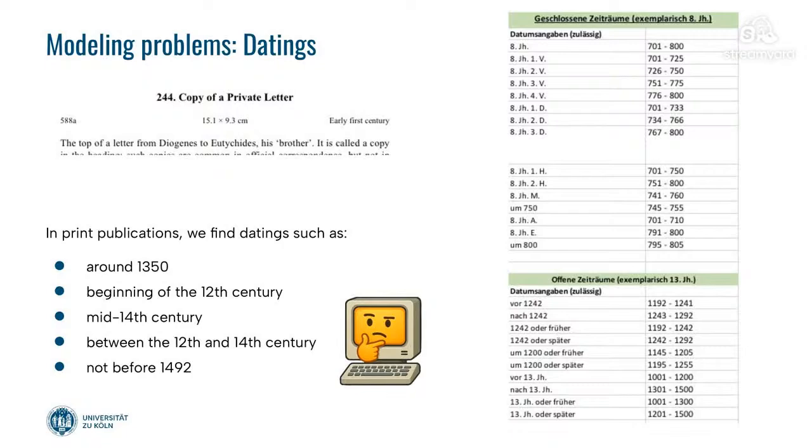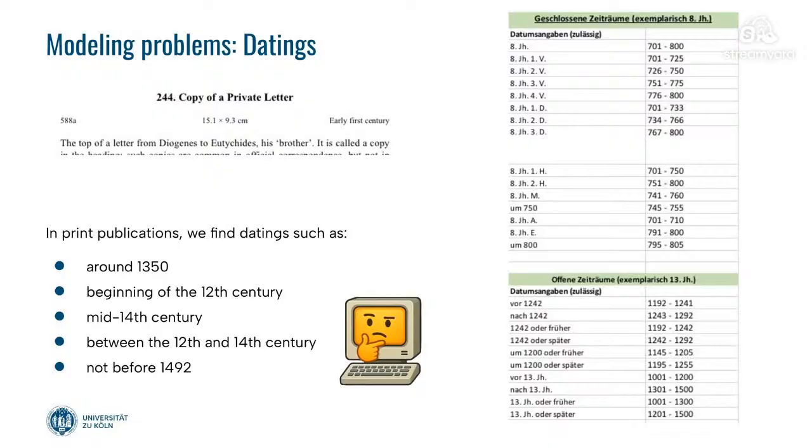It can be as vague as the beginning of a century, especially when we talk about the 12th century. When did it start? Do we start with 1100? Or do we think the long 11th century maybe started in history more around 1075? We have mid-centuries. We have very broad date ranges between the 12th and 14th century.